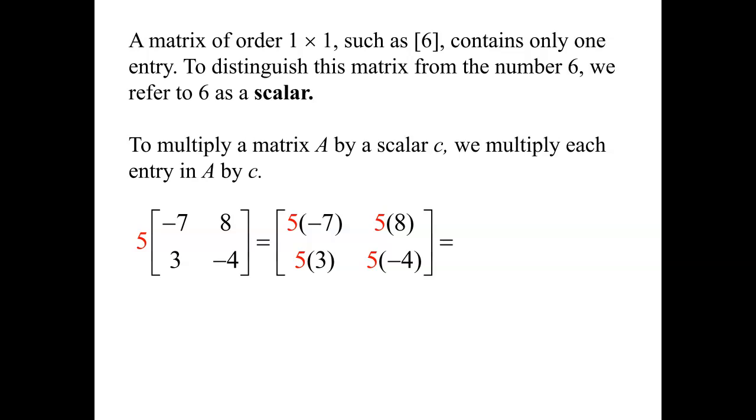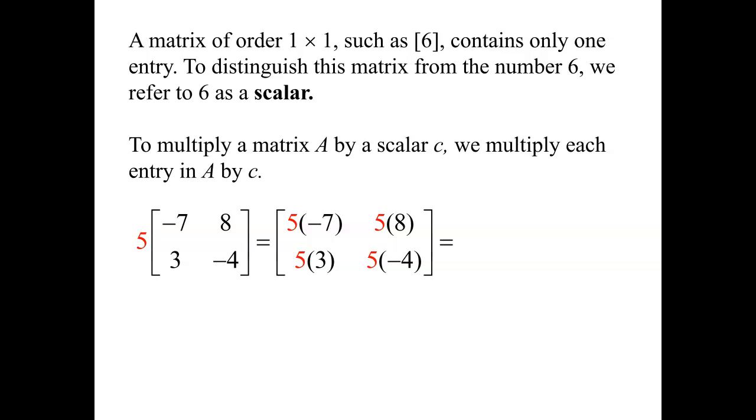It can be a scalar either larger or smaller. If we have a scalar larger than 1, it makes my matrix larger. And there's some applications that go with scalars. If I multiply by a number less than 1, then it makes it smaller. Okay? It's not going to change the order. The order is going to remain the same, but we're changing all the values.